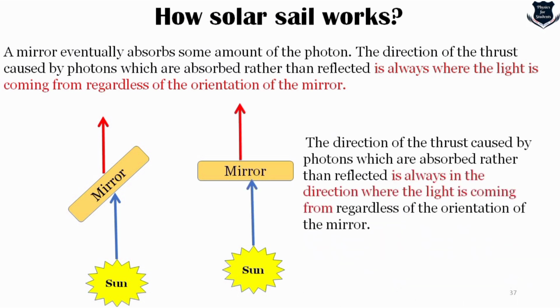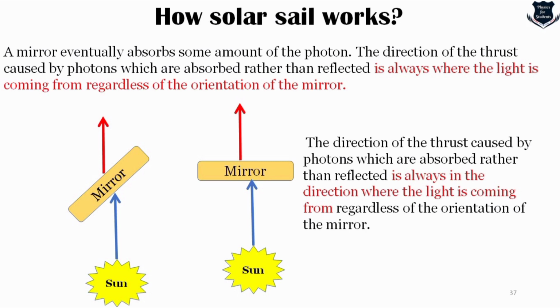So that is what is important. This is illustrated below. In addition, the maximum thrust caused by the absorbed light is only 50% of that caused by the reflected light. So this is how it happens.